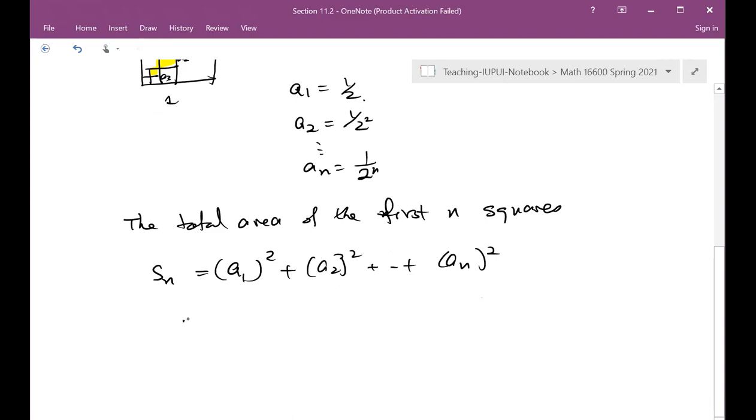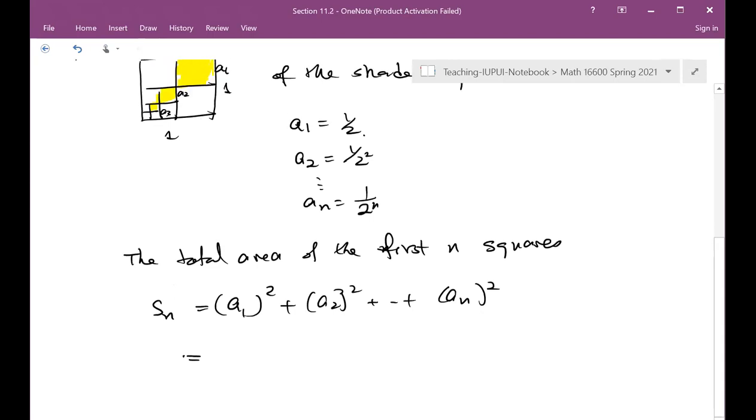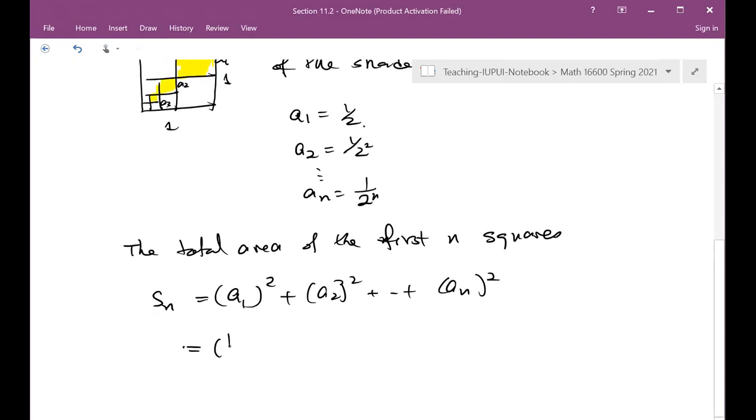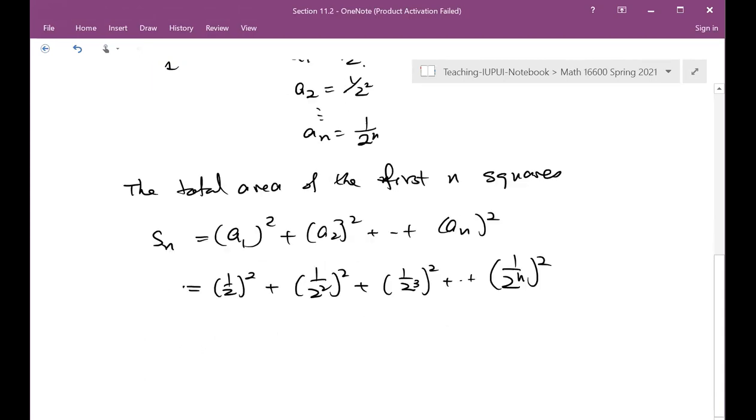Okay, so I put the 1/2 squared here, this square, right? And the next one is also a square, right? So the question is how to combine them into one fraction.